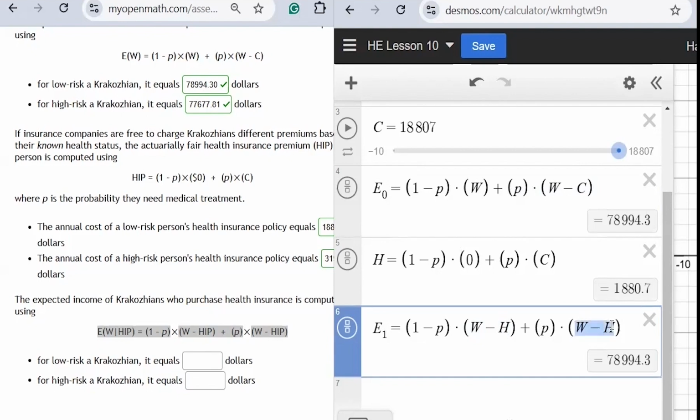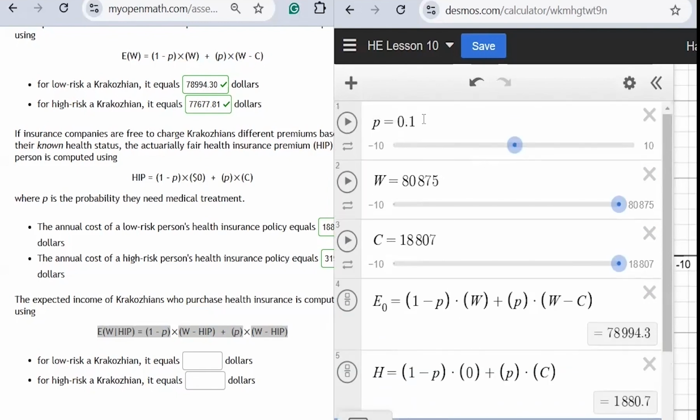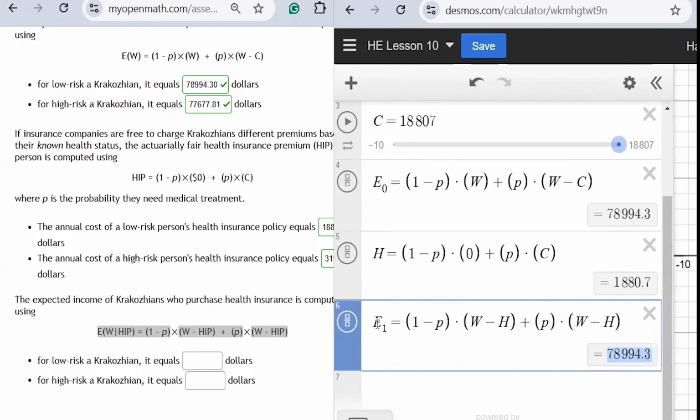Earnings net of the insurance premium is just W minus H. And notice that it's equal to the expected earnings of somebody who's uninsured. This is the probability of a low risk Caucasian. So this right here is the expected income of Caucasians who are low risk, given they've purchased health insurance.